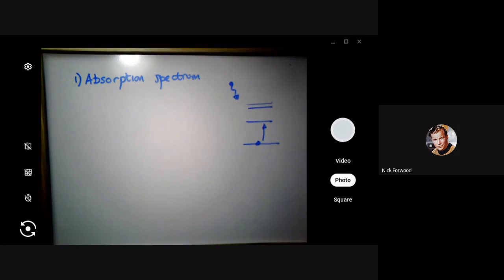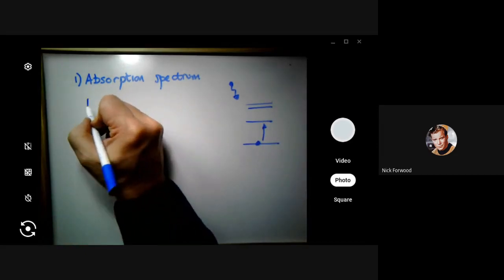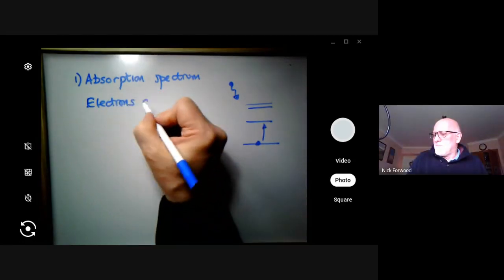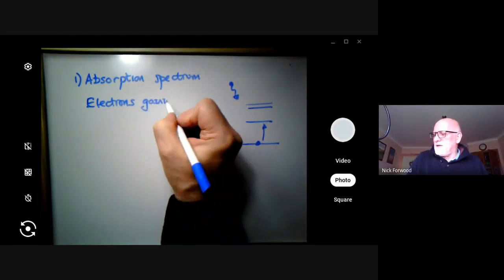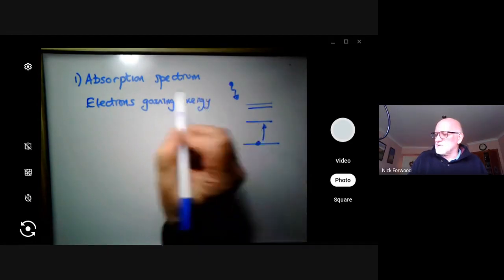It's a particular color of light, bands or colors, which is caused by electrons gaining energy. They're absorbing it. That's what the word absorption means.